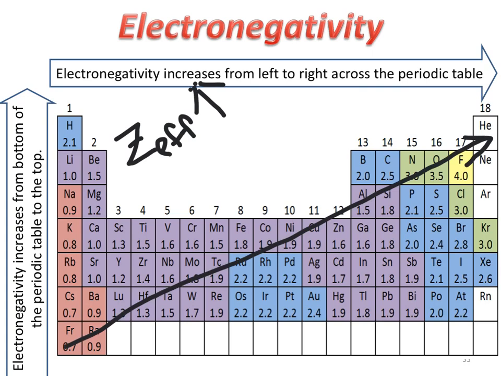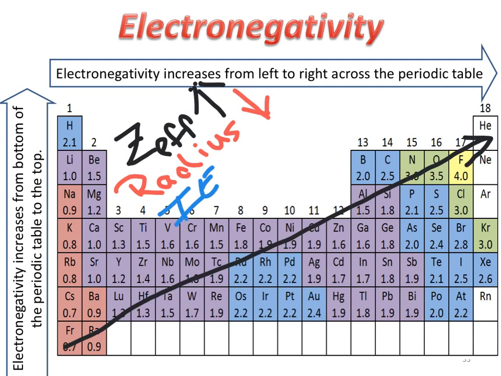The radius was the next trend, and the radius goes in the opposite direction of the effective nuclear charge, and the radius goes down. We next looked at ionization energy.